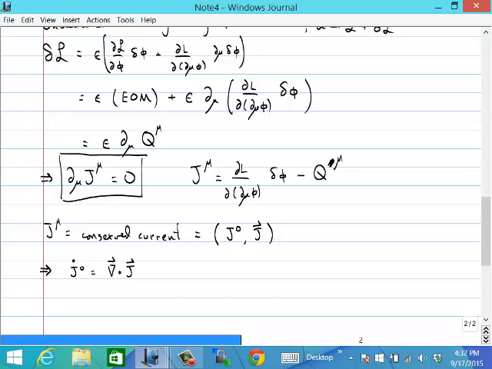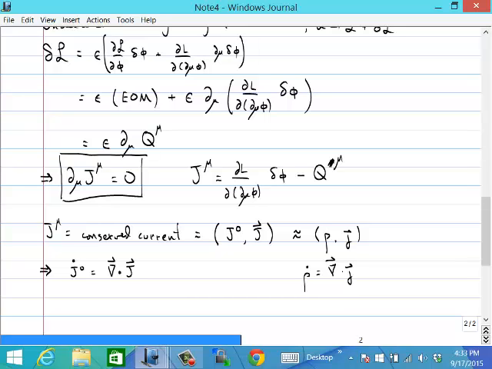Or if I rewrite this in a language that might be more familiar, if you think about electromagnetism, then the sources that live on the right-hand side of Maxwell's equation are either a current 4-vector, if you use the Lorentz invariant notation, or if you just write the standard Maxwell equations, a charge density rho along with a current density J. Then these equations that I've written down here, rho dot equals the divergence of J, are the usual continuity equations for any conserved quantity.